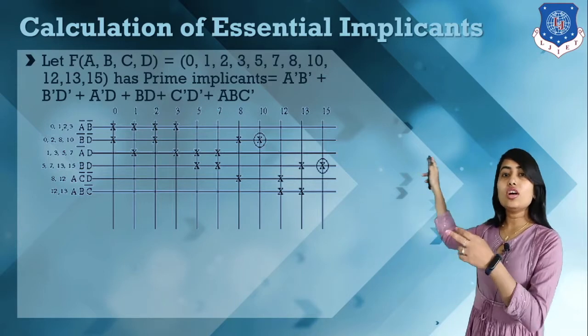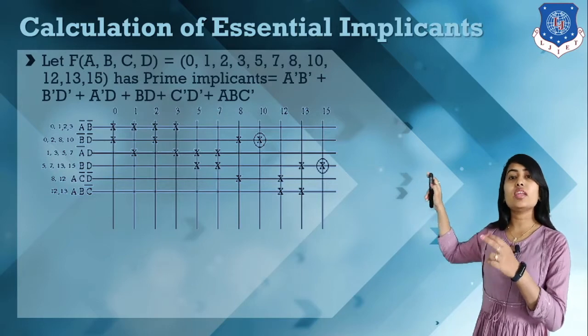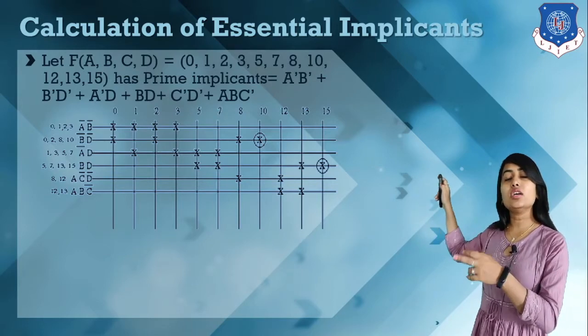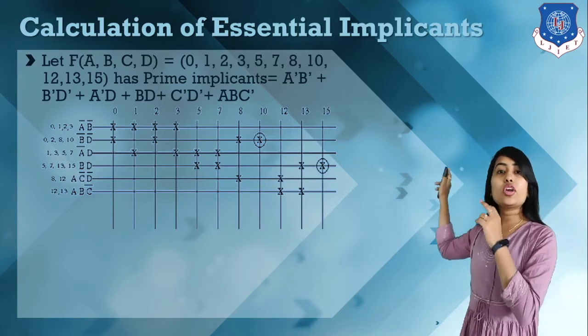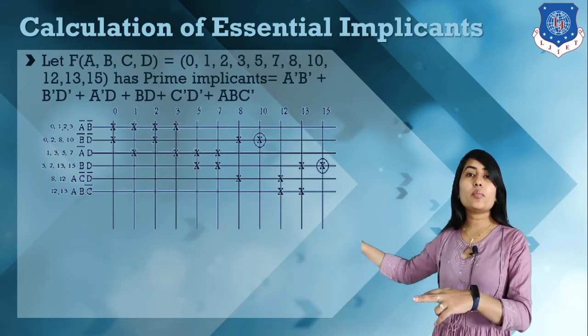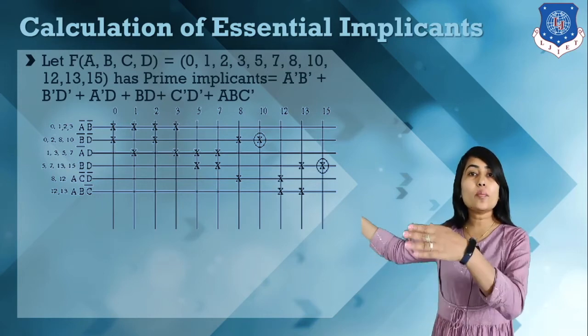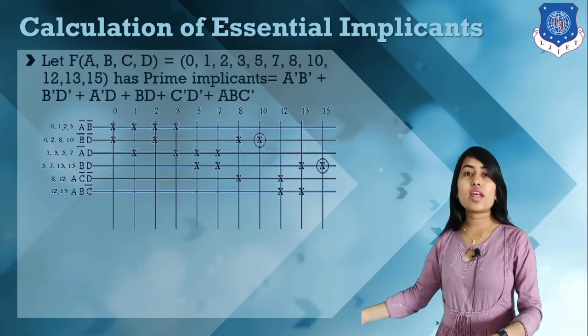We write all the terms like this: 0, 1, 2, 3, 5, 7, 8, 10, 12, 13, 15. All the prime implicants are written like this, 0, 1, 2, 3 combination, and the other combinations like 8, 12 and so on.